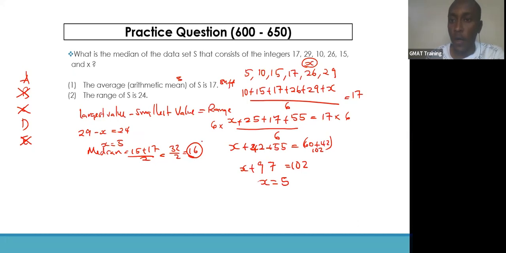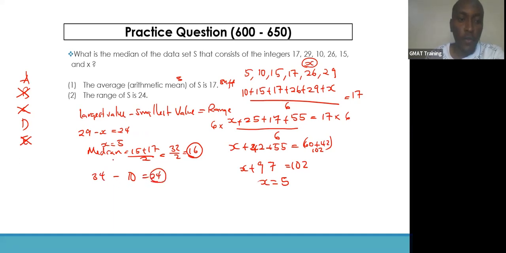What if we don't have the largest value in the set? Instead, let's say the smallest value in the set was 10, for example. The largest value will be something added to 10, that's 24 plus 10, and it should be 34. So 34 minus 10 equals 24 as the range.